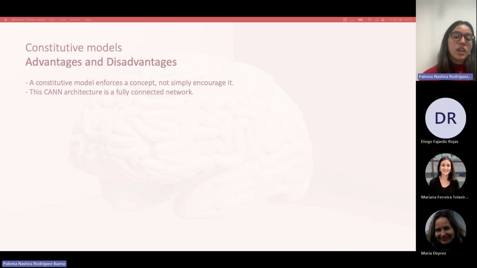However, it will be a disadvantage if, for example, you wanted to simply encourage some model which may not fully represent reality to help the model, but really let the network learn directly from the data. Also, this particular CANN is a fully connected network, which would be a disadvantage if dealing with spatially dependent data, because it wouldn't be taking advantage of convolutional networks.